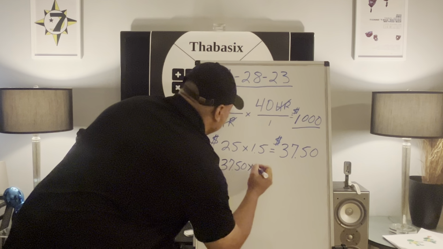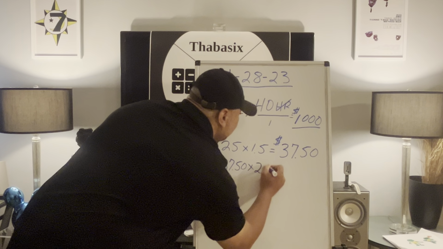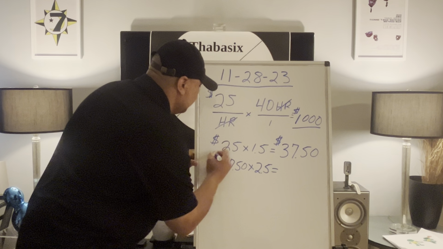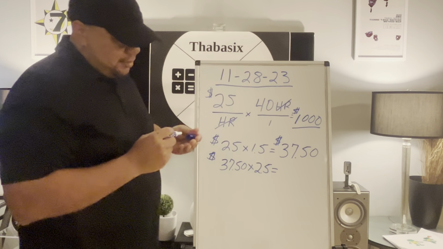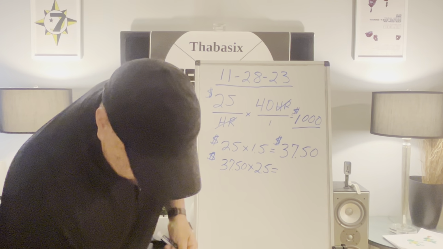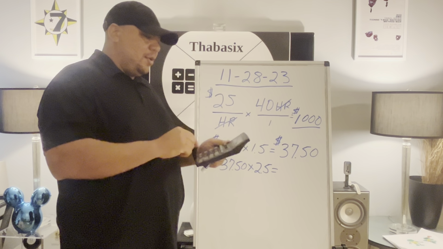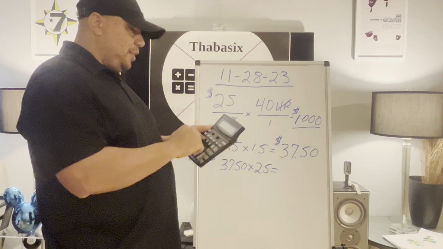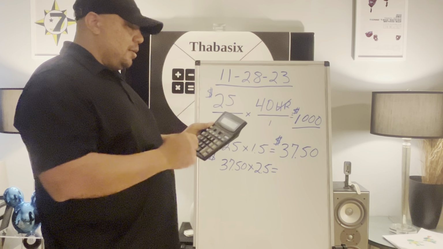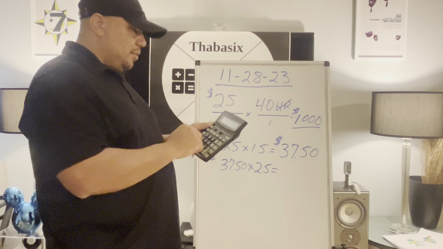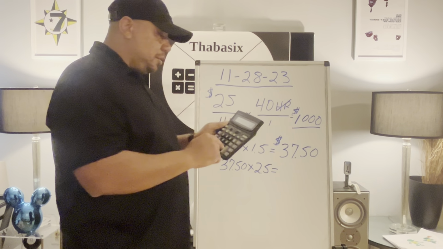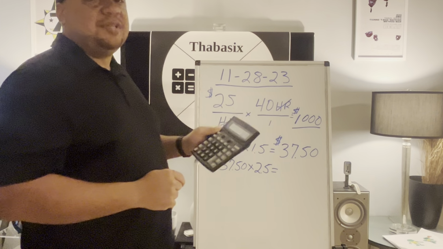Always clear everything out on your calculator first. So 37.50 times 2.5. Remember, the 0.5 represents the 30 minutes. That gives 93.75.